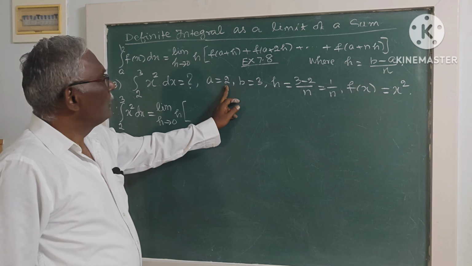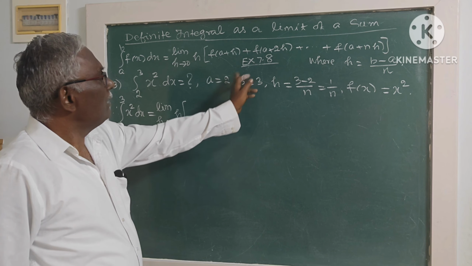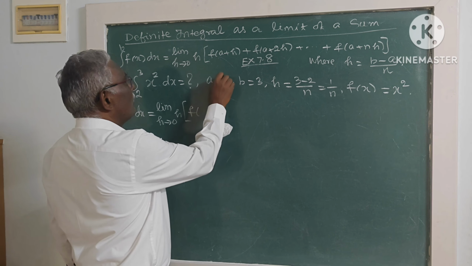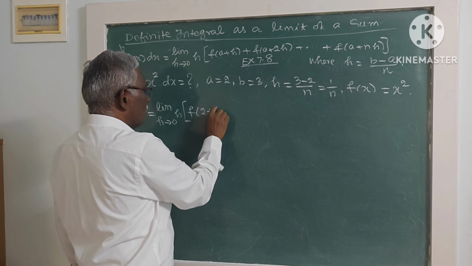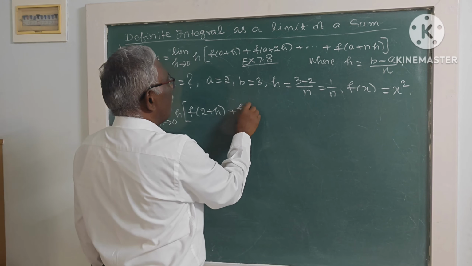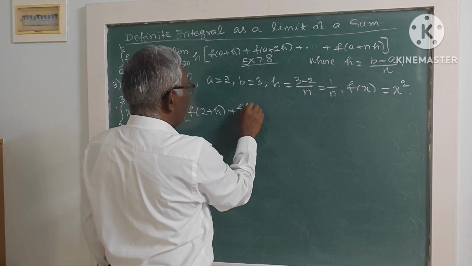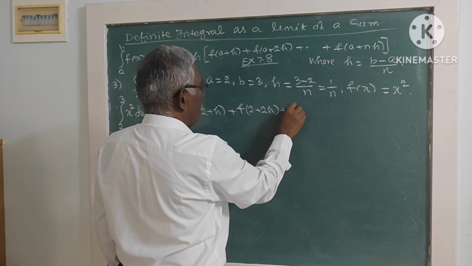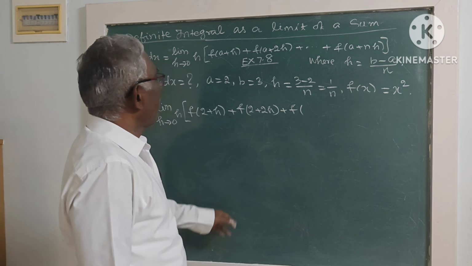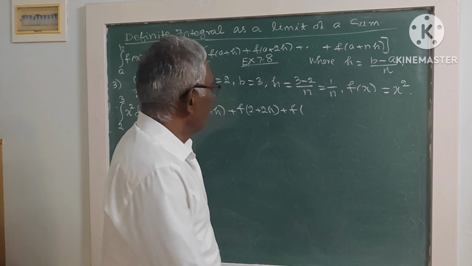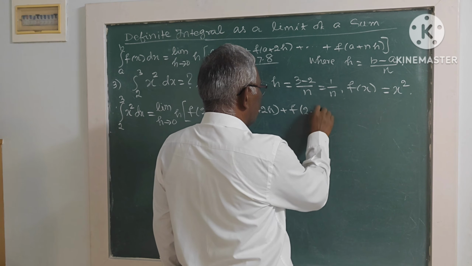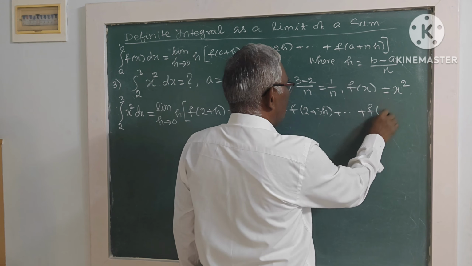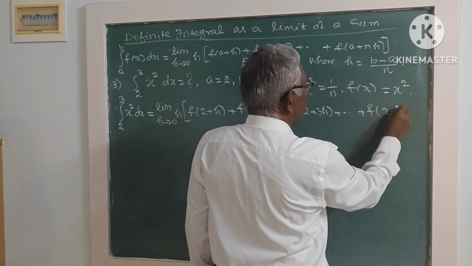A is 2, so we replace a by 2 and write f of 2 plus h plus f of 2 plus 2h plus f of 2 plus 3h plus etc. plus f of 2 plus nh.